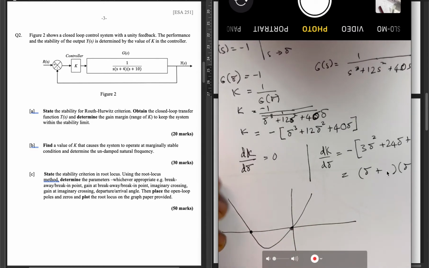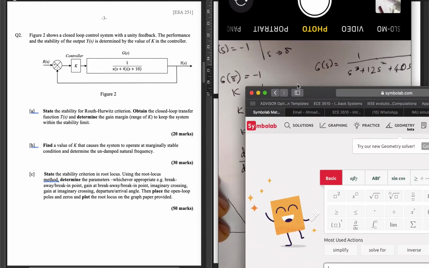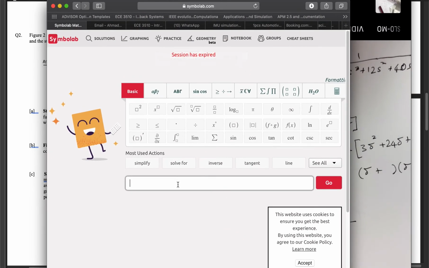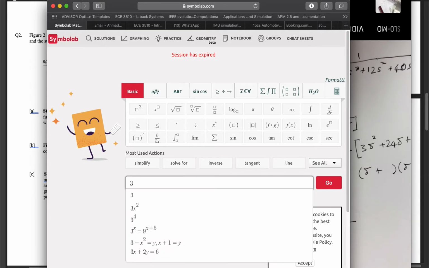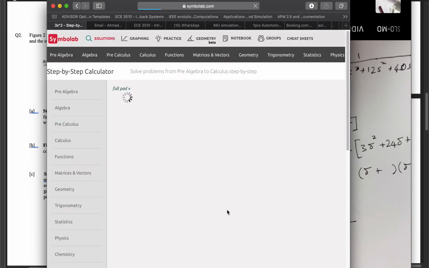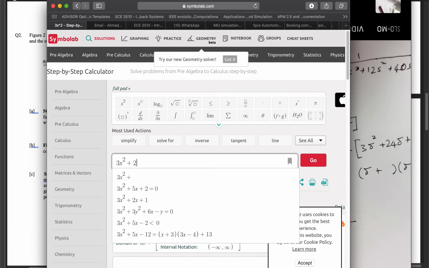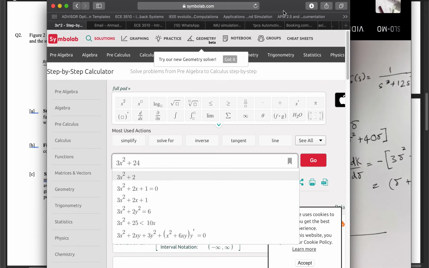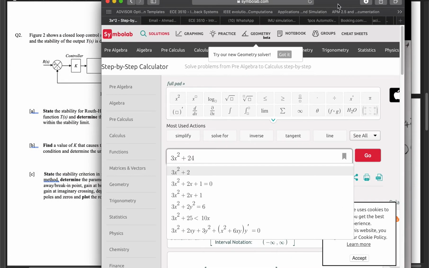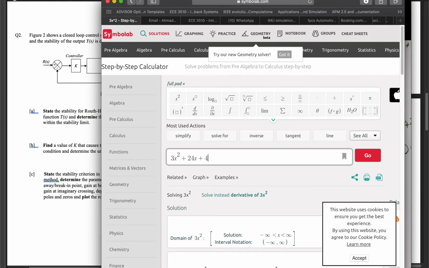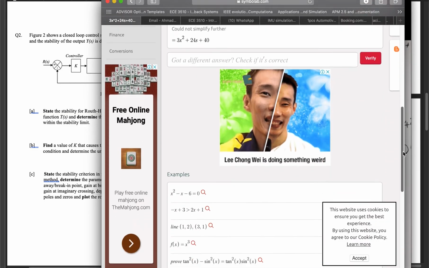Okay, now I'm using this online factoring tools. You can use this. Okay, 3x squared plus 24 x plus 40. Okay, let's give you the answers.